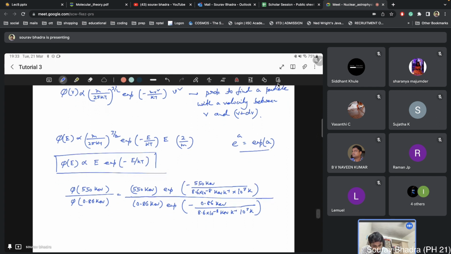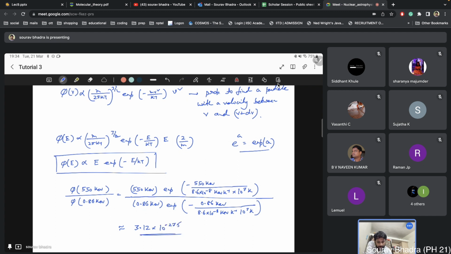If you calculate this, all the values are given, there is no variable, so just put it in any computer language. I did it using Python, because the exponential term looks weird, but you can do it in a calculator also. The value will be 3.12 times 10 to the power minus 275.